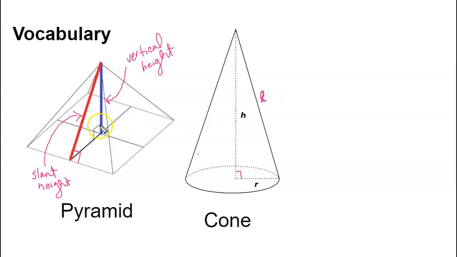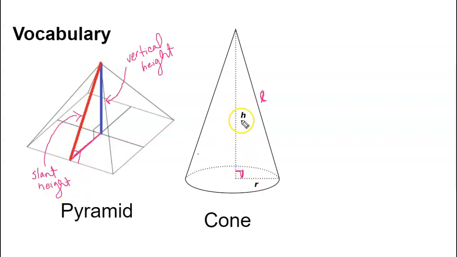It's important to notice that the relationship between those two heights has to do with the radius of the circle, or in this case, the distance from the center of that base polygon to the midpoint of the triangle's edge there. It makes a right triangle.